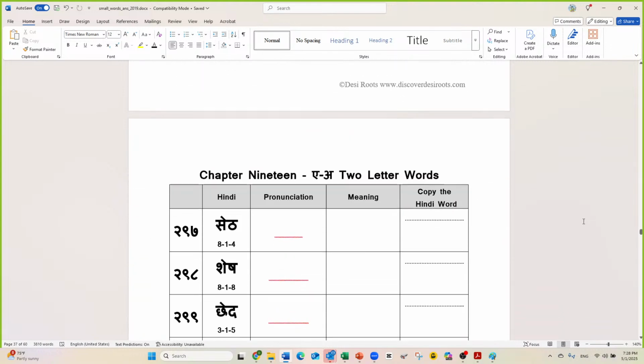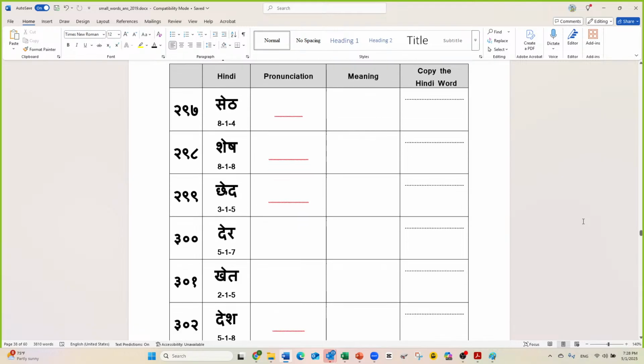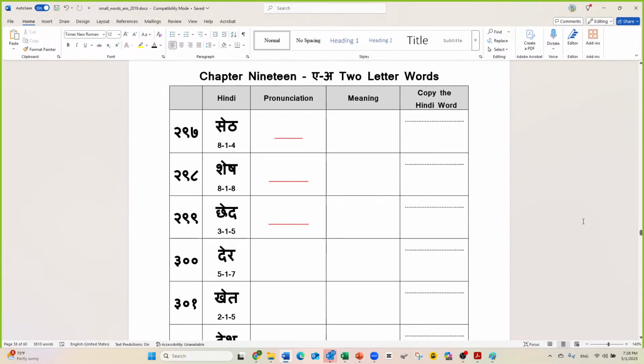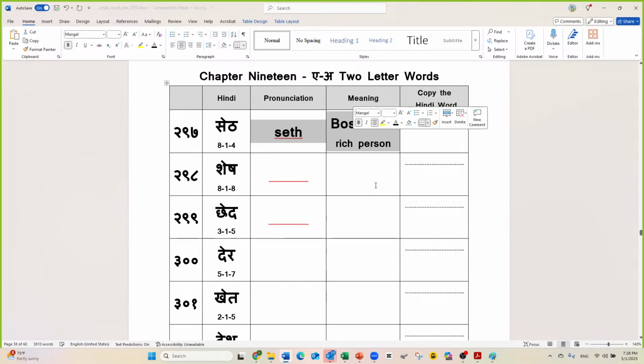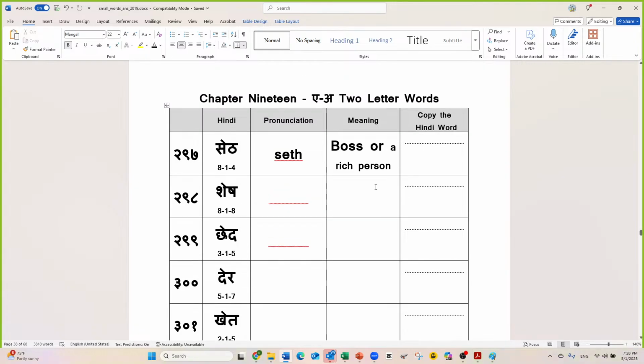Okay, next. Anisha, give me the next word. Seth. Seth is a boss or a rich person. Seth is generally a rich person, but sometimes you might call your boss Seth also because he's generally richer than you, because he makes more salary than you. So Seth is a boss or a rich person. Kavina, give me the next word.